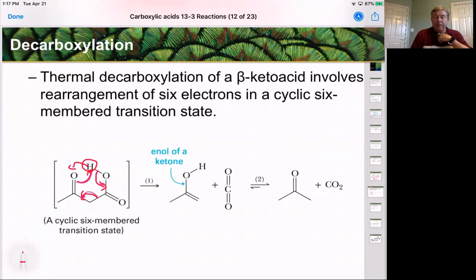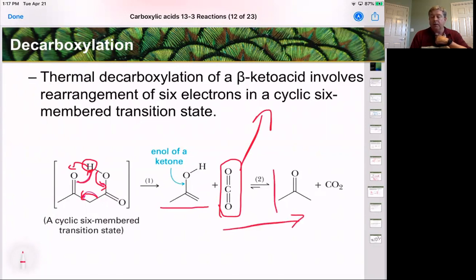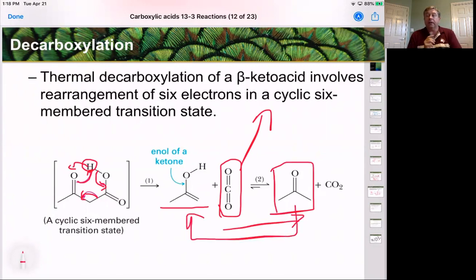So that makes the intermediate an enol and CO2. Once it forms, the CO2 can boil off as a gas, and that drives us to our ketone structure here. Remember, the ketone and enol are constantly in equilibrium with each other, but because the ketone's more stable and we're driving CO2 off, it drives the reaction to completion.